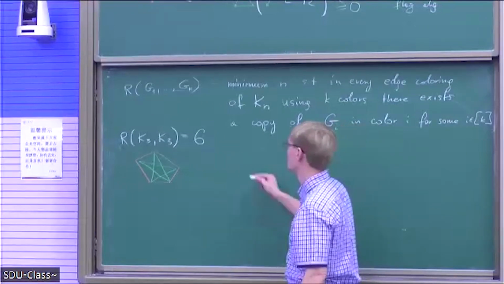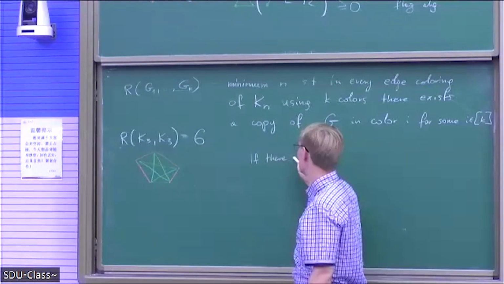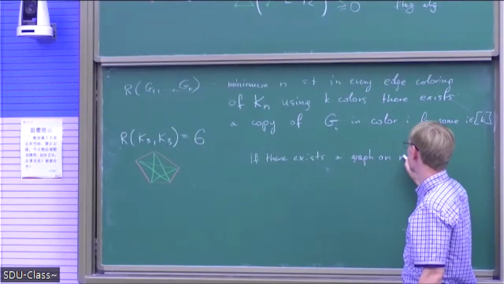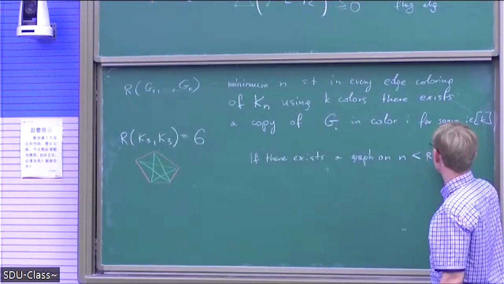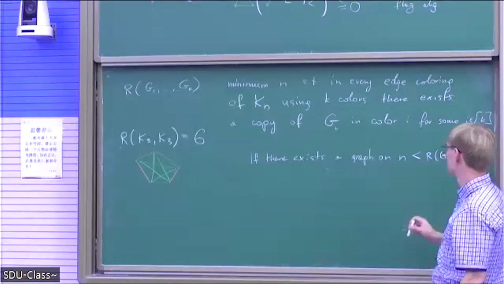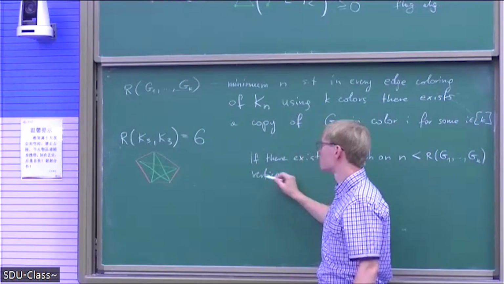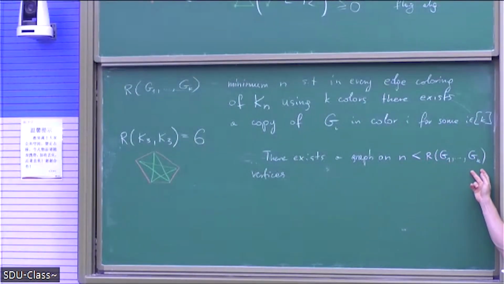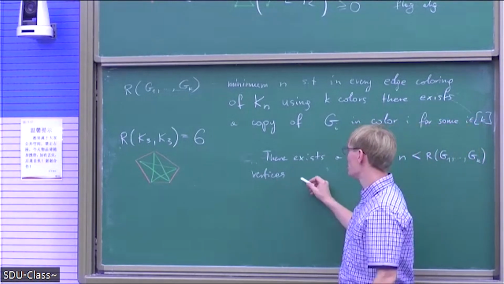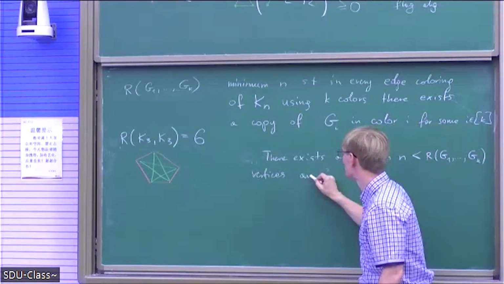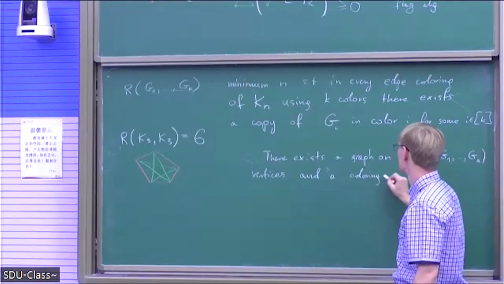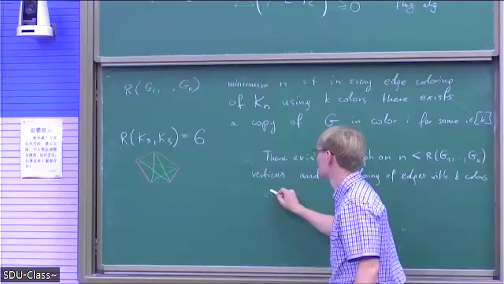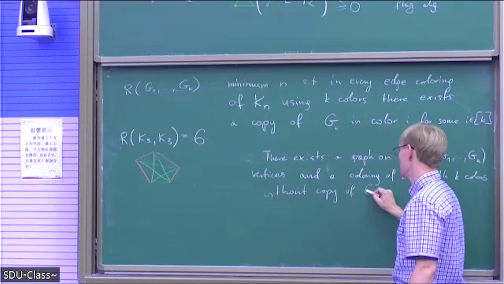So let's say this way. If I take n, which is smaller than the Ramsey number, then there exists a graph on n vertices, and a coloring of its edges with colors, without a copy of G_i in color i.